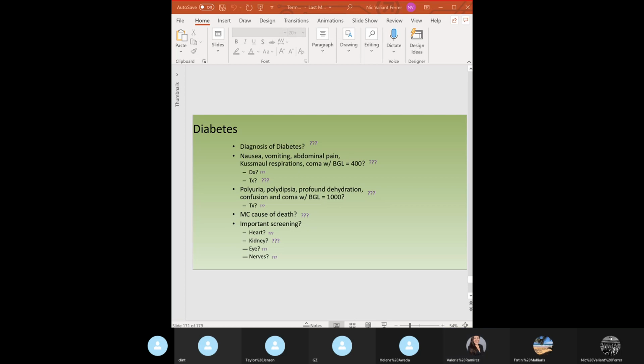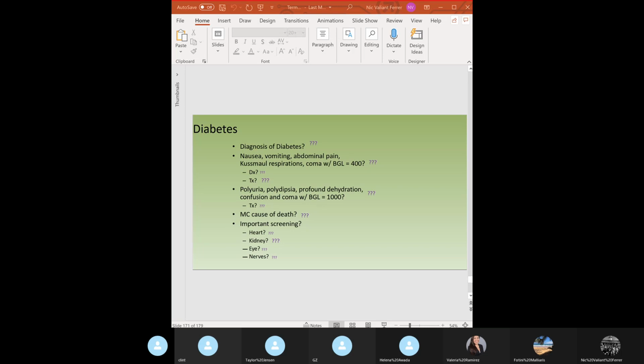May I know your name? Valeria. Okay, Valeria. So you diagnose diabetes with fasting blood glucose, as she said, more than 126. You do it twice. You have a 2-hour oral glucose tolerance test, more than 200. You can also do a random blood glucose of more than 200, plus, of course, signs and symptoms: polyuria, polydipsia, polyphagia, and blurred vision.